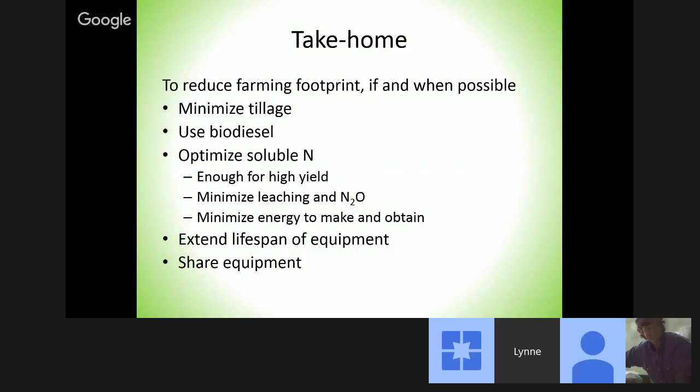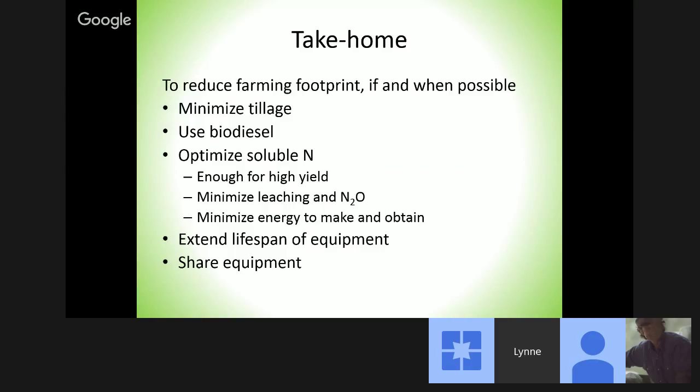Extending the lifespan of equipment, and we're also starting to introduce the idea to our farmers of sharing equipment. I didn't really call this out, but in the small farms, one of the reasons that they have a big footprint from their infrastructure and equipment is because they're often underutilizing their equipment because they're small operations.